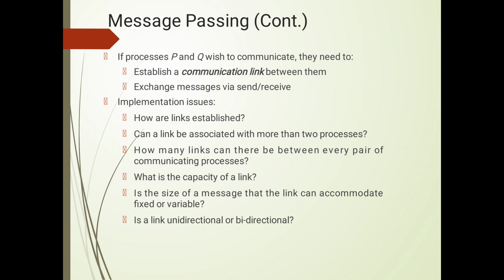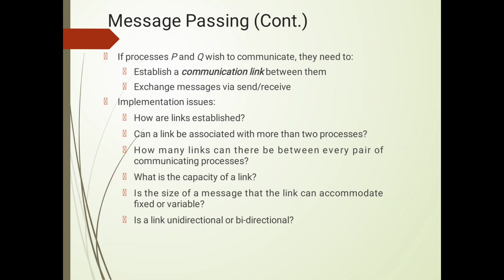Before message sending or receiving, a communications link must be established between the sender and the receiver. Say process P is the sender and process Q is the receiver. There are some implementation issues. How are links established, and can a link be associated with more than two processes?